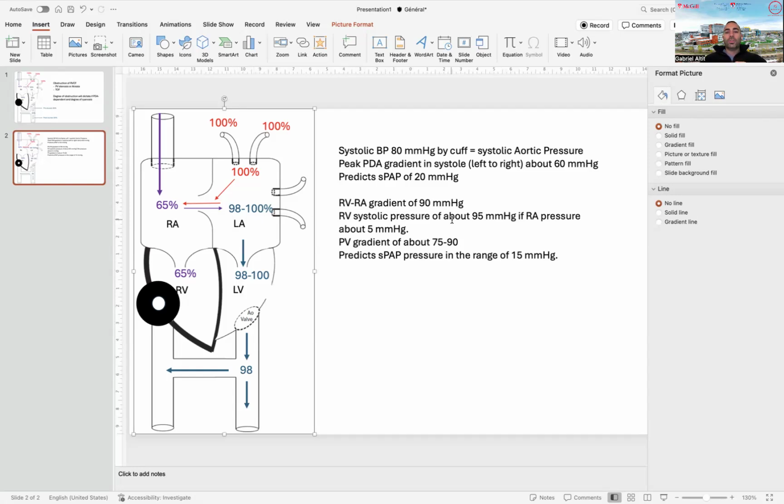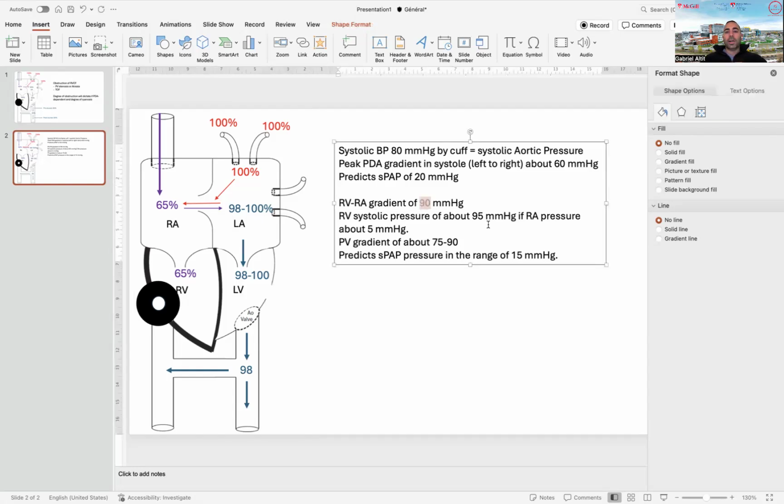So if you take your TR jet, which is around 90, and you add 5 millimeters of mercury, it predicts an RV systolic pressure of around 95 millimeters of mercury. We know the pulmonary valve gradient is also between 75 and 90. And so if you remove that from 95, we'll take something like 80, which is a bit of an in-between, it predicts a systolic pulmonary arterial pressure in the range of 15 millimeters of mercury.